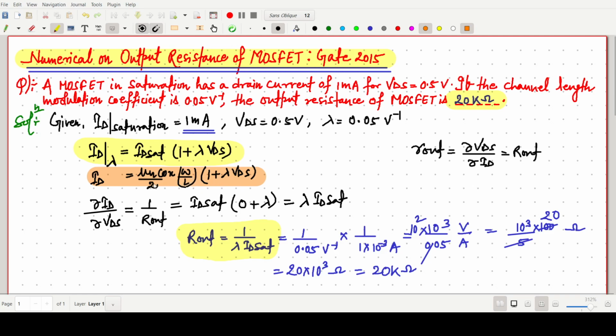Sorry, I missed one point, we also have to write the term (VGS minus VTN) whole square. So this is all about this question.